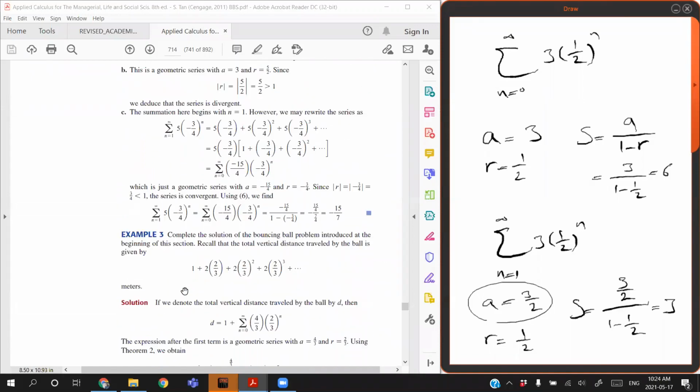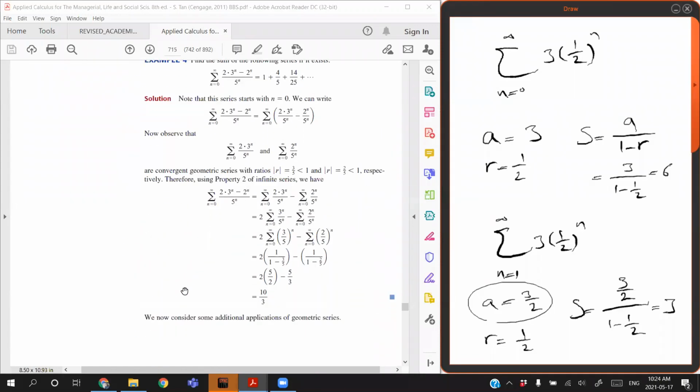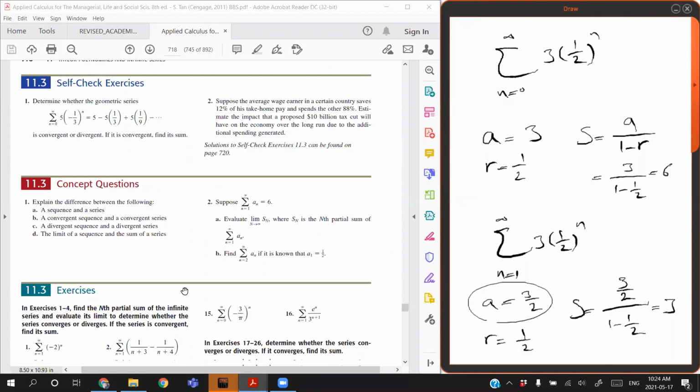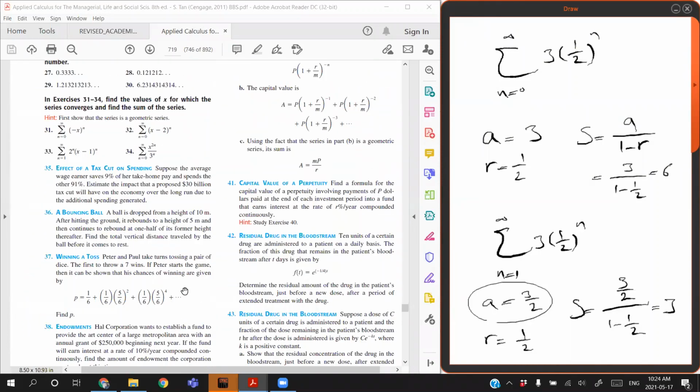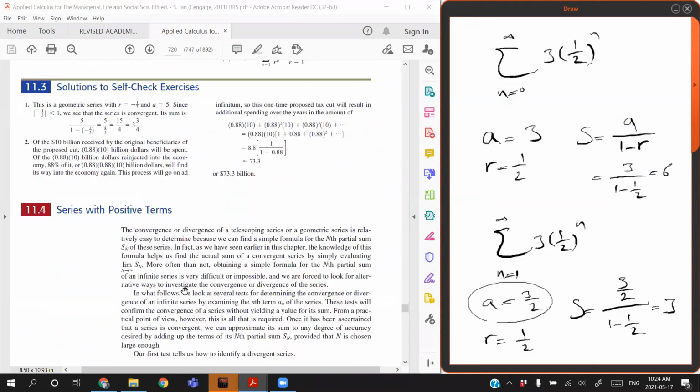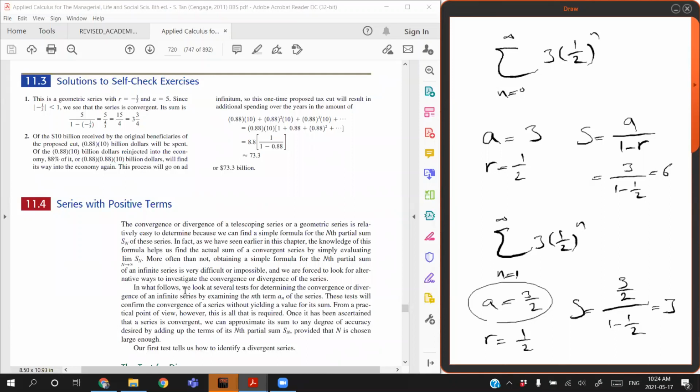So that was what we learned last class, and today we're going to continue our discussion about series, and we're going to look at series where you cannot necessarily find Sn. But even though you cannot find Sn, there are some other techniques that you can use to tell whether the series diverges or converges.